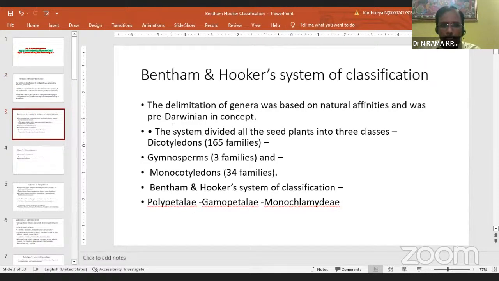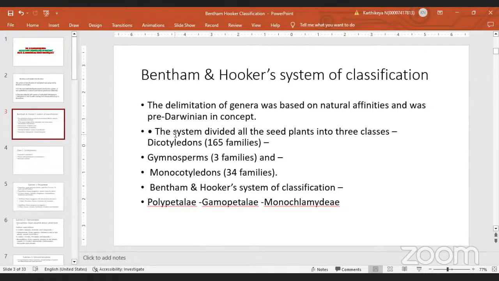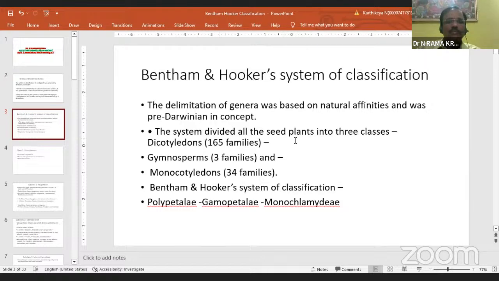Now you see here, this I already completed yesterday. Once again, the entire plant kingdom, the Bentham and Hooker system classified into 3 classes. How many classes? 3 classes. Now you see here, this second point: the system divided all the seed plants into 3 classes.